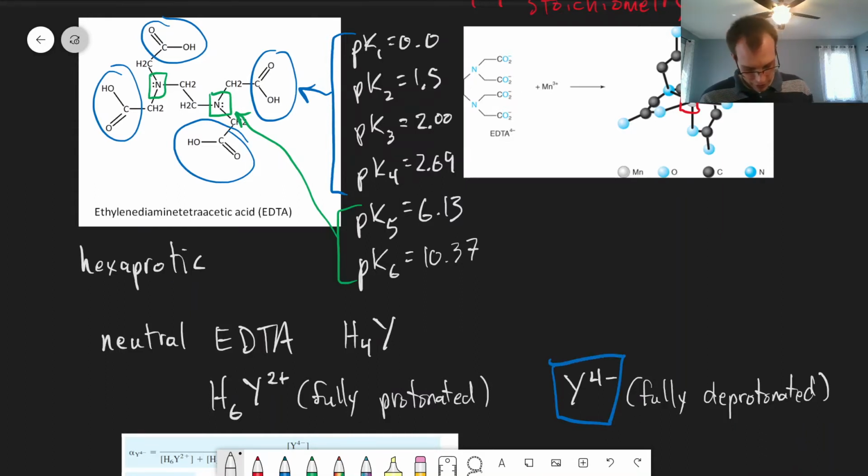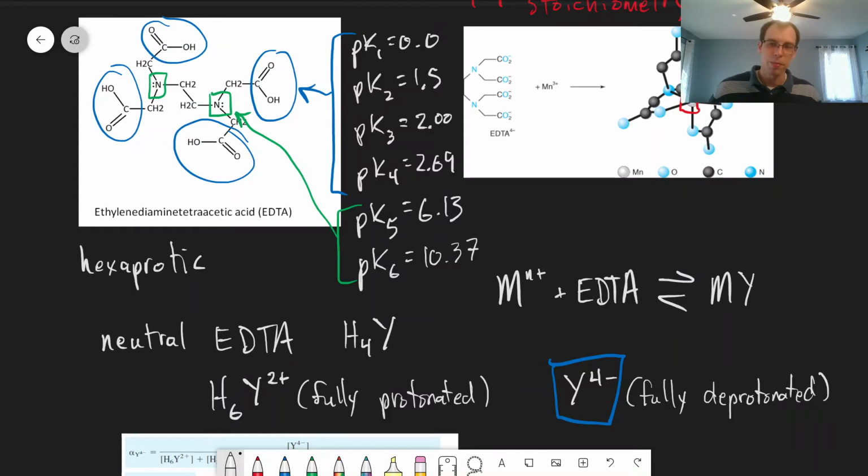And the reason for that is when the metal ion, so we'll just call it Mn+, whatever metal ion this is, reacts with EDTA, the complex that's formed is specifically the metal ion with Y4-. So all the protons get lost because they'd be in the way of the metal-ligand bond formation, right?